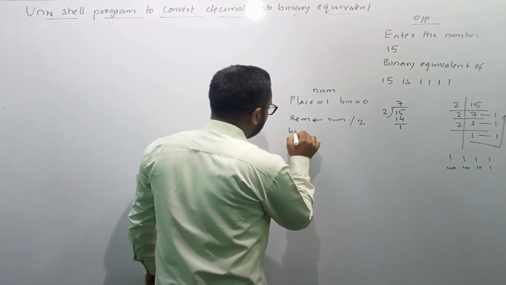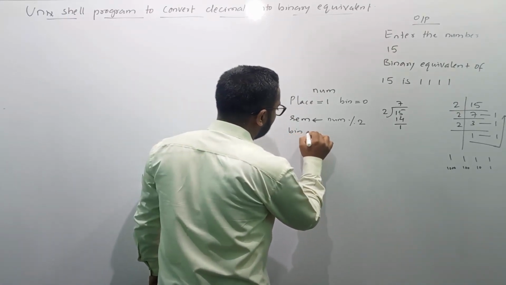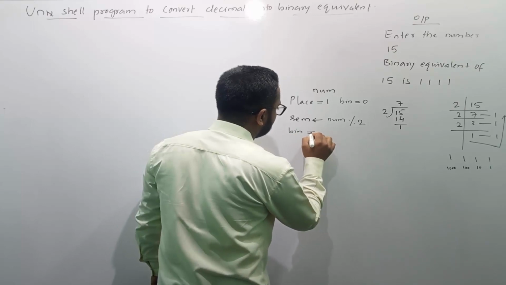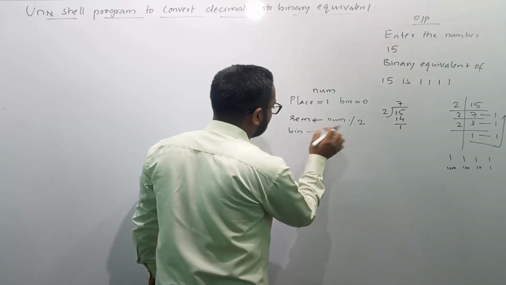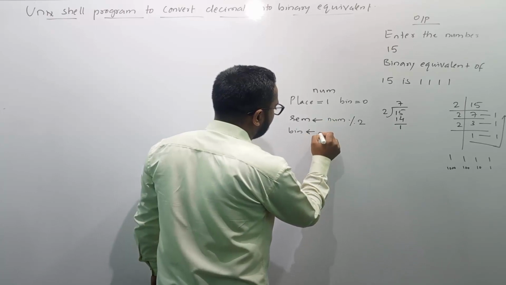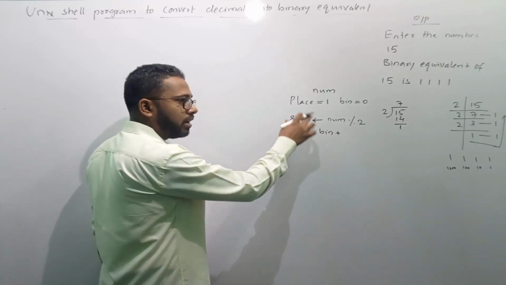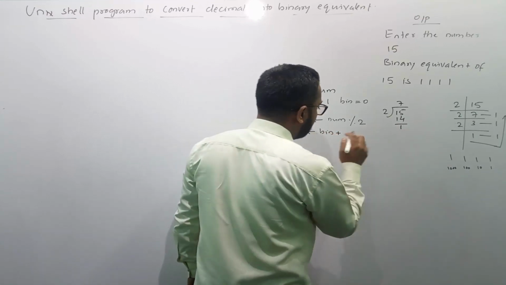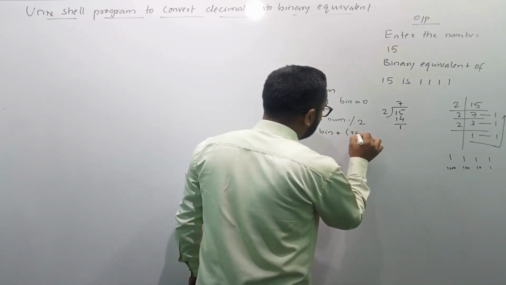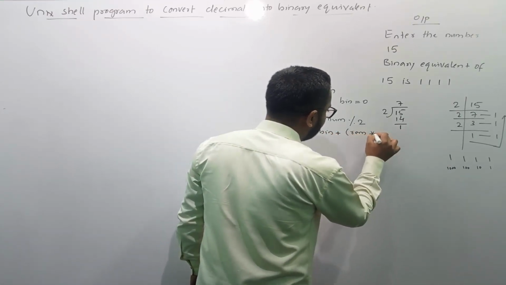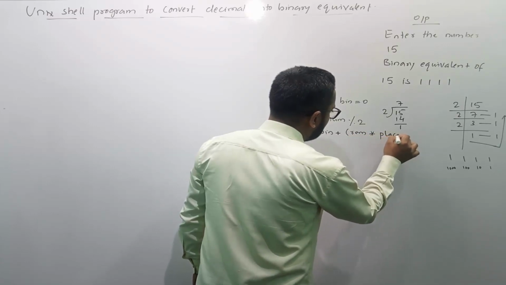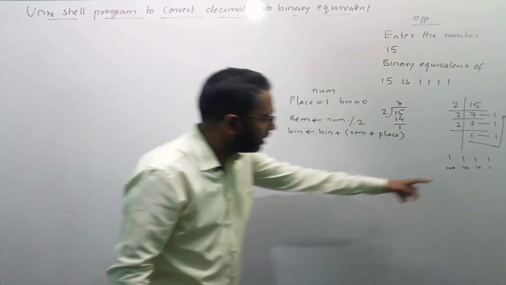Now next we need to store the binary value: binary equals binary plus, we have got the remainder in the last step, and that remainder value is 1, remainder into place. These are place values.